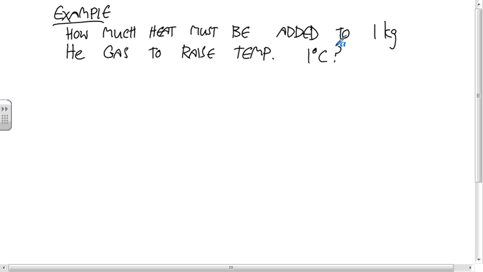So the equation we want to use is the fact that Q is equal to 3/2 NK delta T. Helium is a monatomic gas.